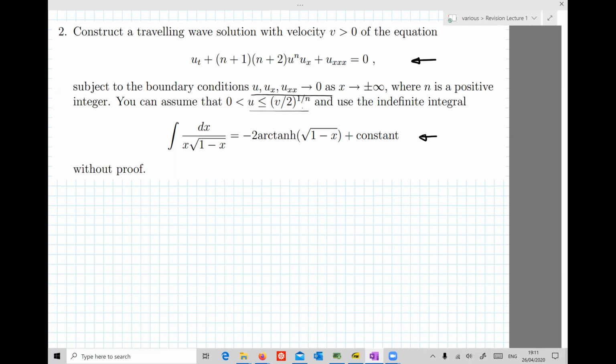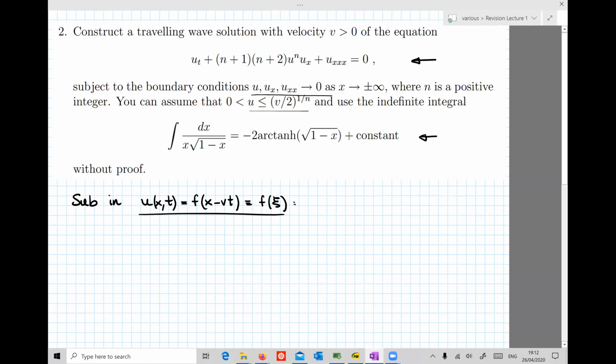So as usual here, we look for a traveling wave solution. So now we substitute in the equation u of x and t in the form of a single function f of a single variable xi, which is equal to x minus vt, where v is the velocity of this traveling wave.